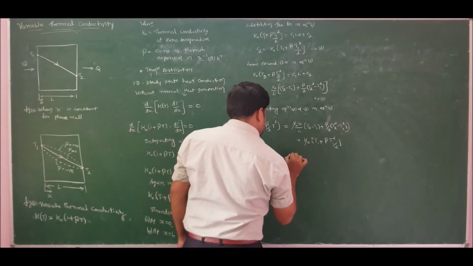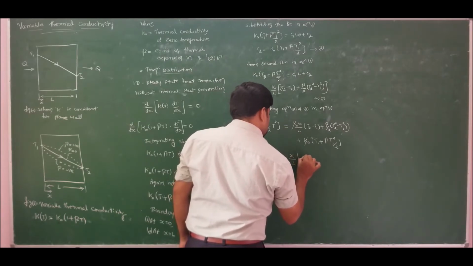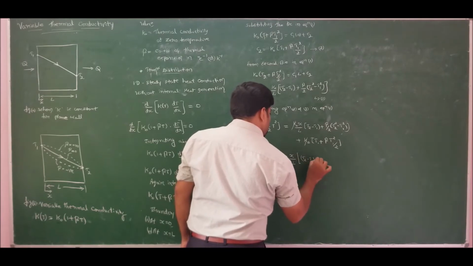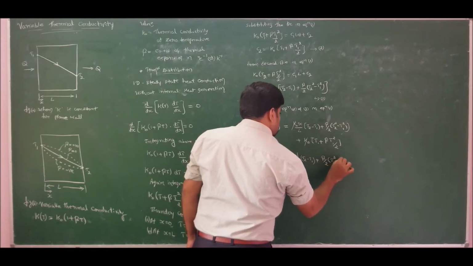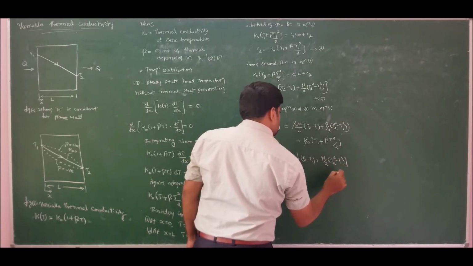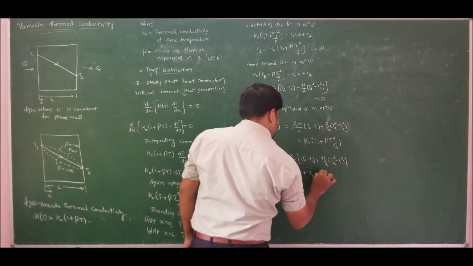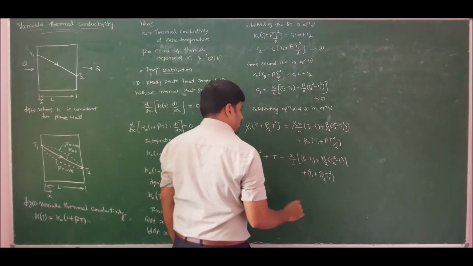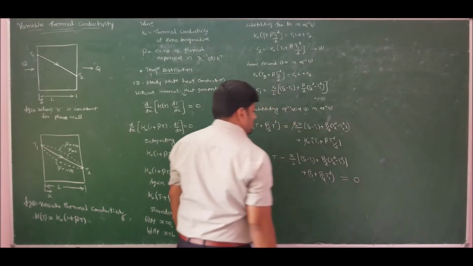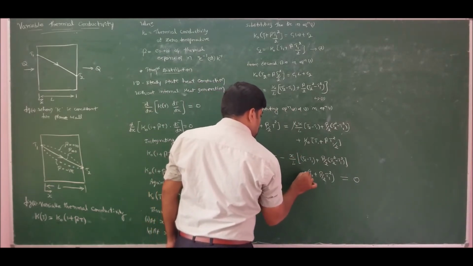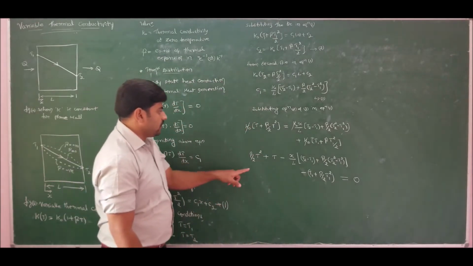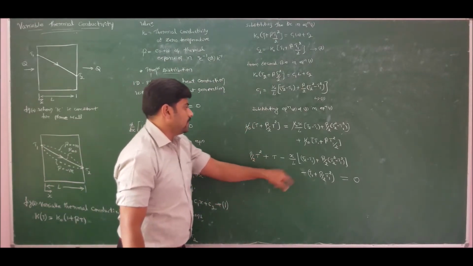So the value of constant c is x by L times t2 minus t1 plus beta by 2 of t2 square minus t1 square, plus t1 plus beta by 2 t1 square, which is equal to 0. So if I take this here, it will become minus, so this is equal to 0. So this is of the form ax square plus bx plus c is equal to 0.